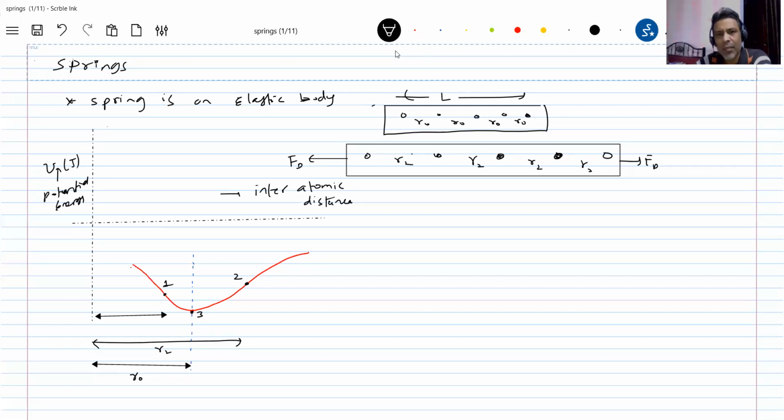The distance between atoms is R naught. So as I apply some external force, deforming force, the distance between atoms will become R2. Now similarly, I can apply some deforming force where the length of the body will decrease. Then the distance between atoms will become R1.